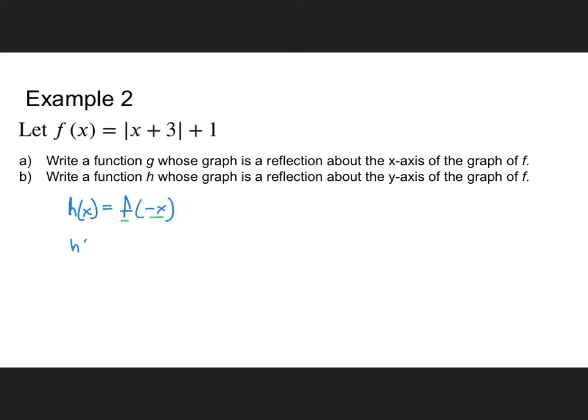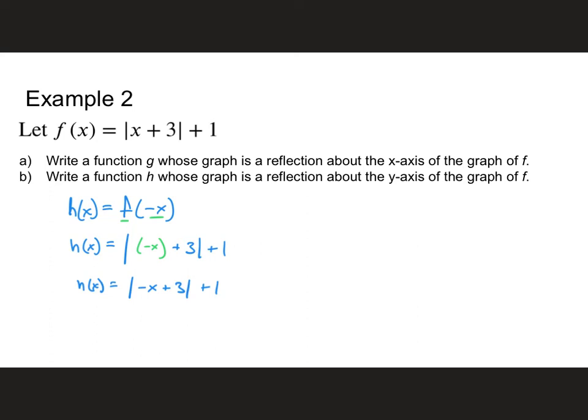So h of x equals the absolute value of, it's not x anymore, it's negative x, plus 3, plus 1. If I simplify that out, I get the absolute value of negative x plus 3, plus 1. That'll actually be an okay answer.